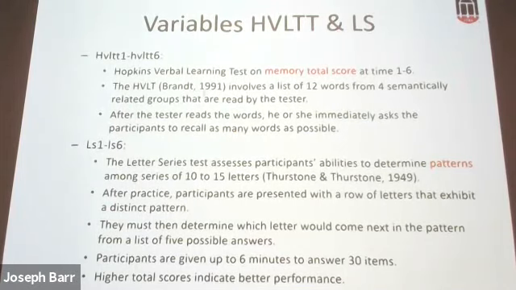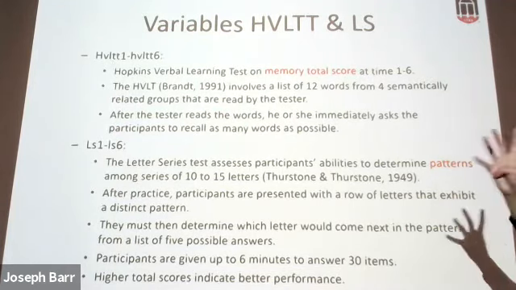In detail, it involves a list of 12 words from 4 semantically related groups that are read by the tester. After the tester reads the words, he or she immediately asks the participants to recall as many words as possible. So this is a memory test, and we have HVLTT 1, 2, 3, 4 to 6, 6 time points.